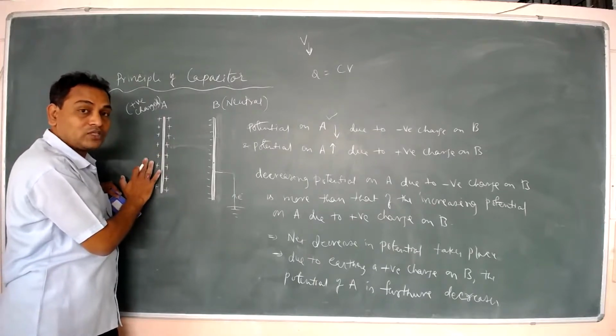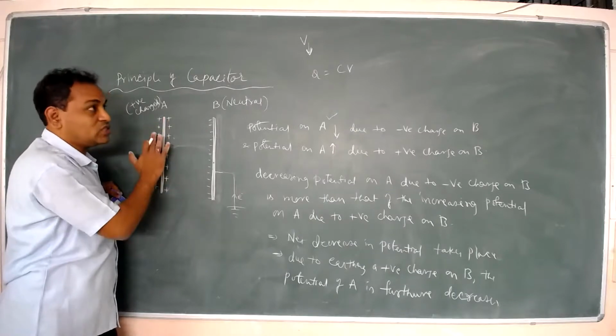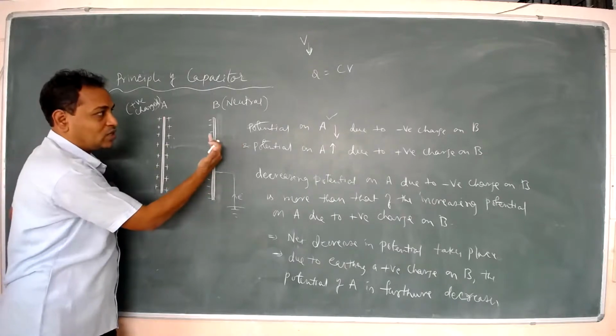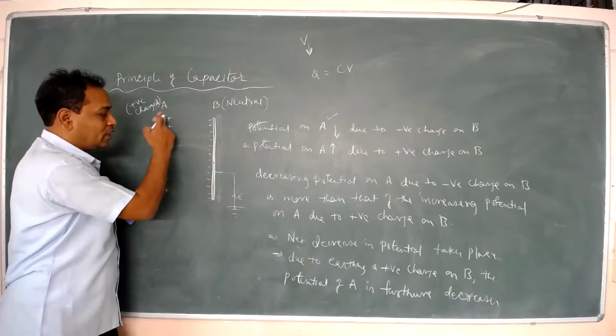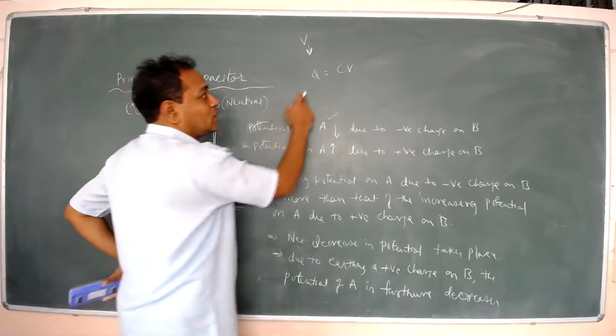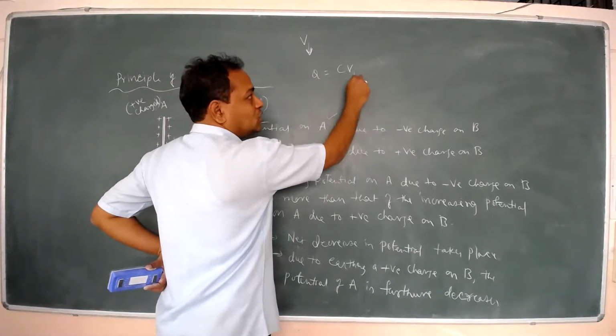But here, without altering the charge, its potential is decreased. Am I right? How? By bringing another neutral conductor. So by bringing the neutral conductor, its potential is decreased, and the charge remains the same.